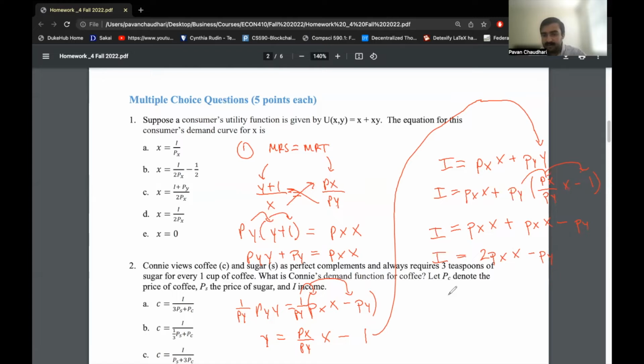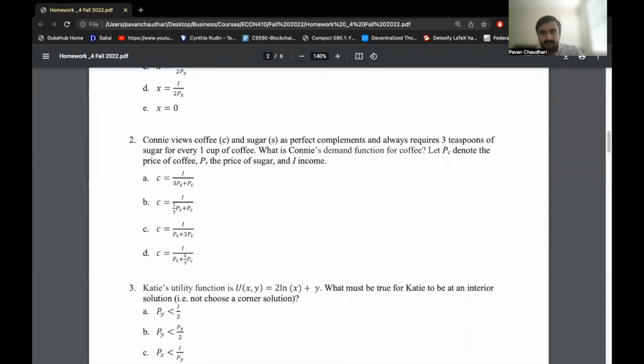So we add PY to the other side and divide by 2PX. So we get I plus PY equals 2 PX x. Then we divide by PX, so we get x equals I over 2PX plus PY over 2PX, which in this problem matches with answer choice C.